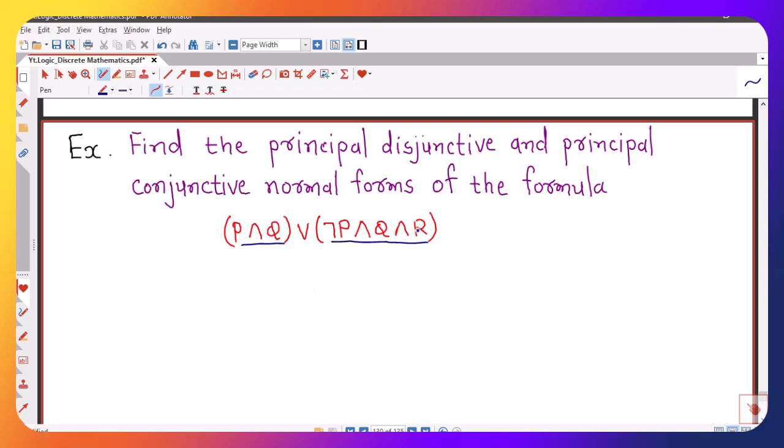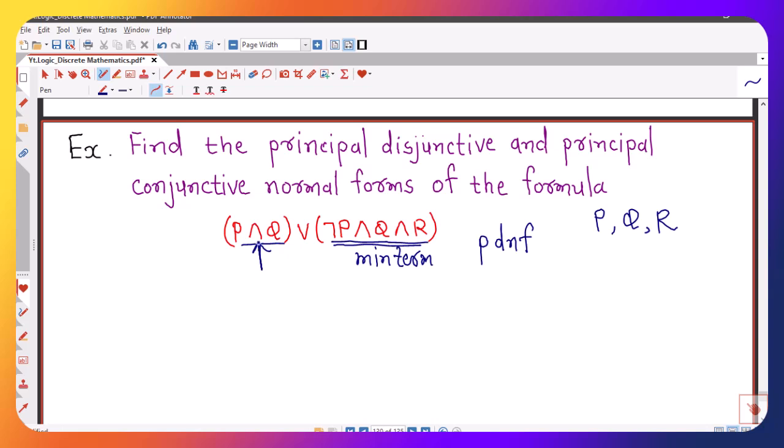So we have three statement variables here, p, q and r, and this has three variables using this AND operator. So we can consider this as a min term having three variables. Here one variable is missing and the AND operator is there. So it is better that we first find out the principal disjunctive normal form.